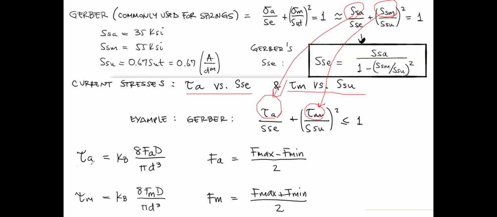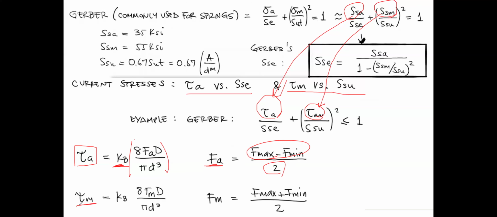So the tau A, the alternating shear stress, equals a KB parameter times this term. And the FA, the alternating force applied to the spring, equals the difference between the maximum and minimum force divided by 2.